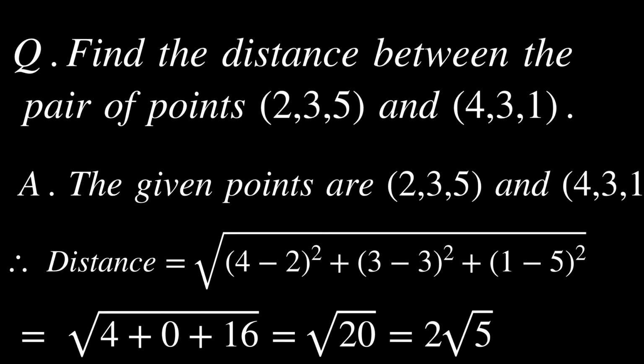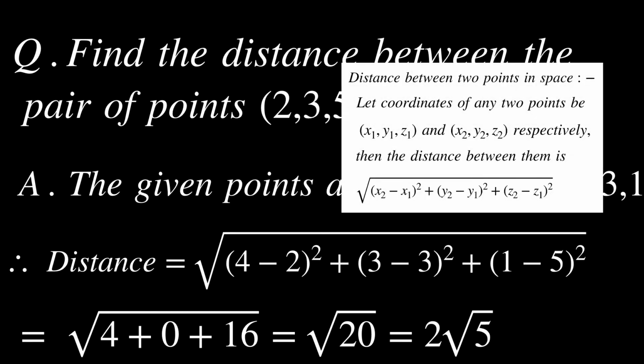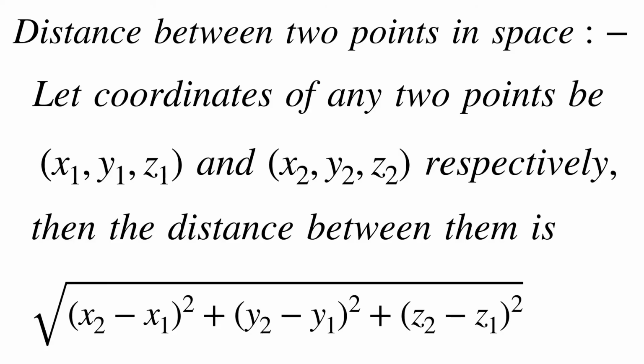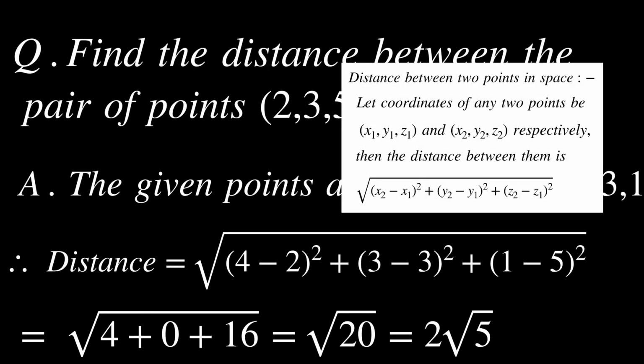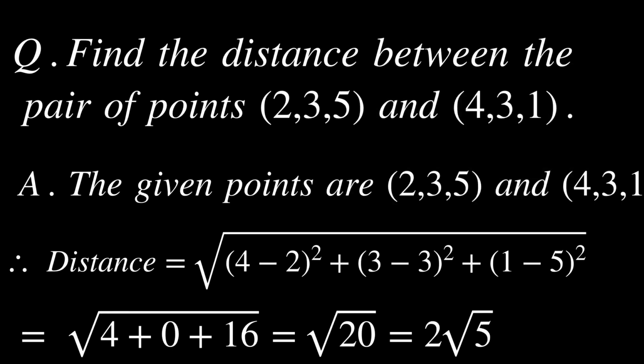Next problem. Find the distance between the pair of points (2, 3, 5) and (4, 3, 1). Here we can apply the distance formula to find the distance between the 2 points. So if you have 2 points (x1, y1, z1) and (x2, y2, z2), then its distance is given by square root of (x2 minus x1) whole square plus (y2 minus y1) square plus (z2 minus z1) whole square.